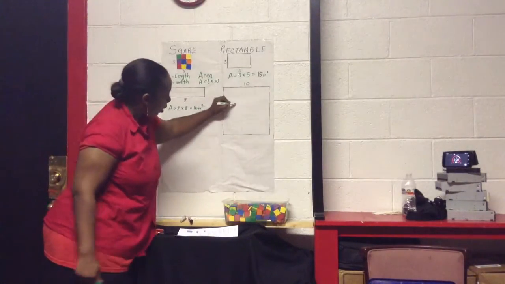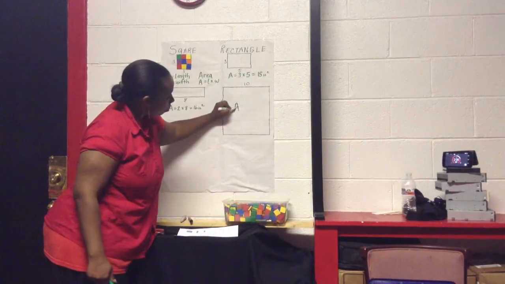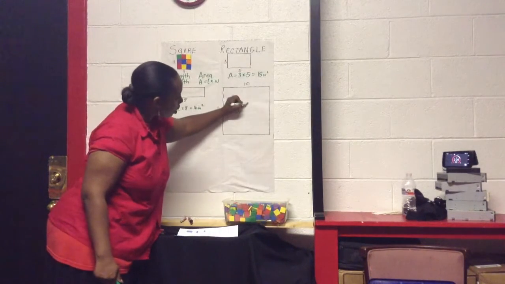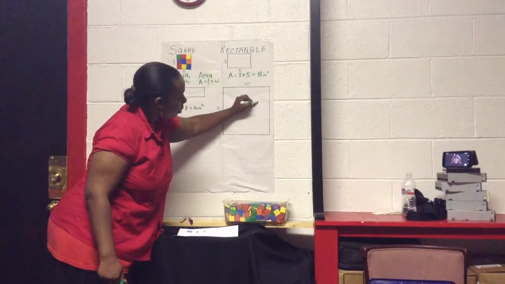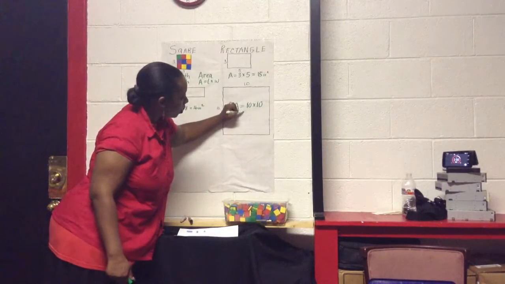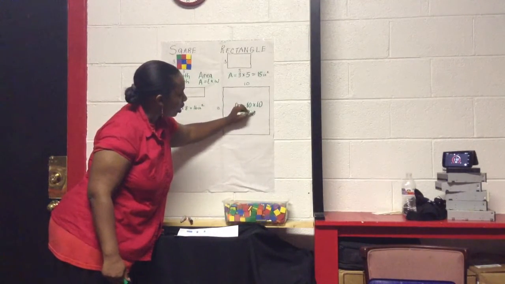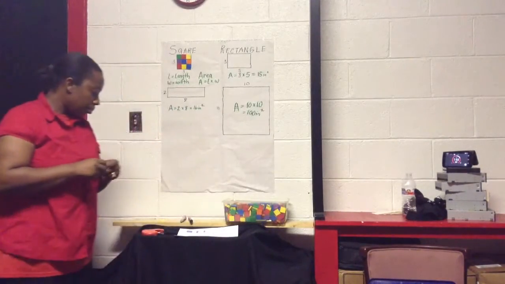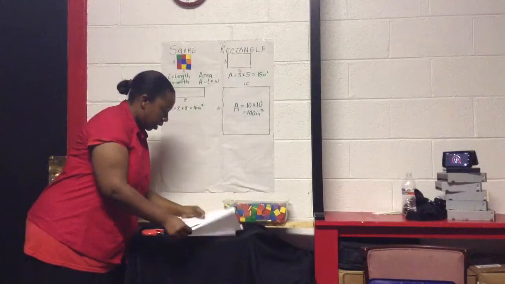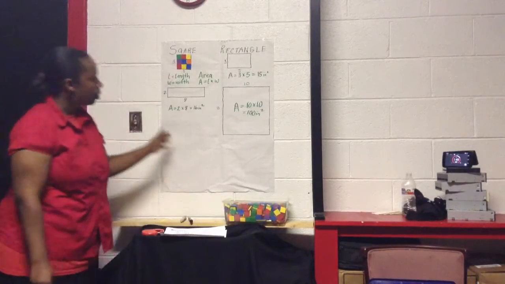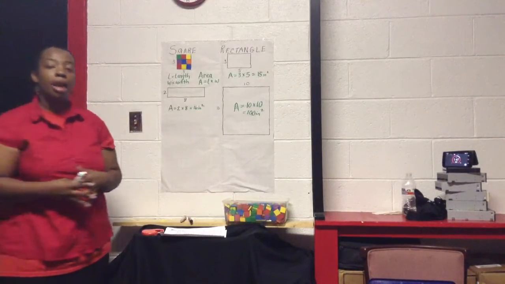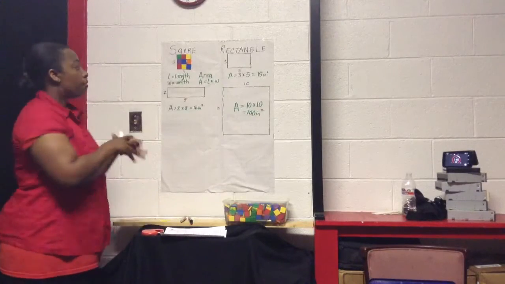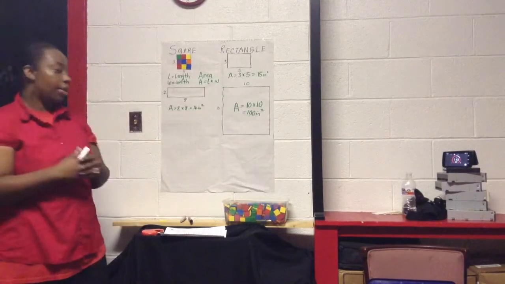Area equals 10 times 10, which equals 100 square inches. Okay, so now we know how to find the area for a square and a rectangle.